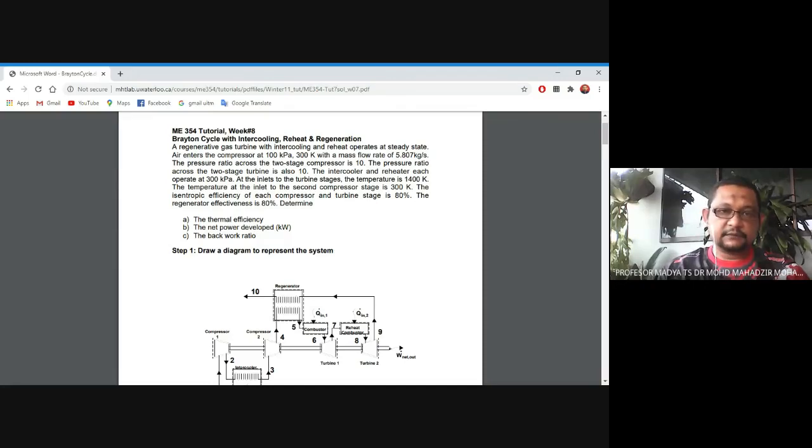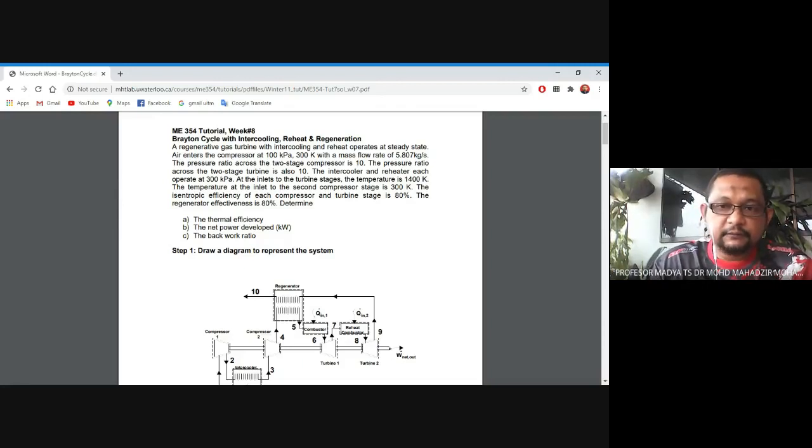The air enters the compressor at 100 kilopascal, 300 Kelvin, with a mass flow rate of 5.807 kilogram per second. The pressure ratio across the two-stage compressor is 10. The pressure ratio across the two-stage turbine is also 10.